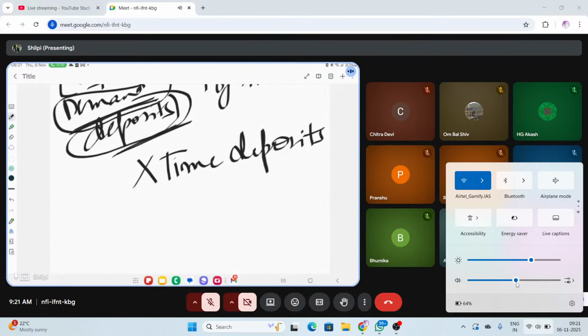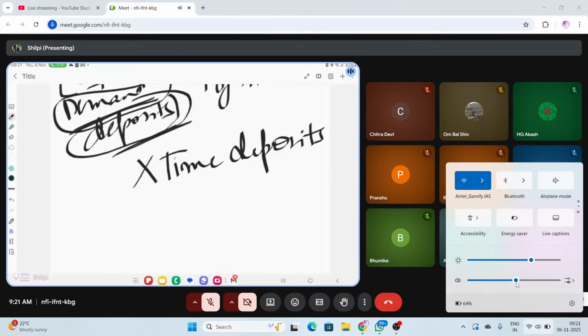What is the difference between time deposit and demand deposit? Why do we call something a time deposit? Ma'am, in demand deposits, one can withdraw money at any time, whereas in time deposits, there is a fixed time, for example, in FDs and all. So, we need to withdraw money after a specific time period.